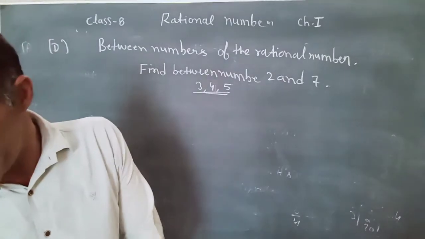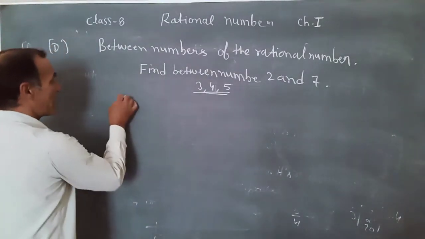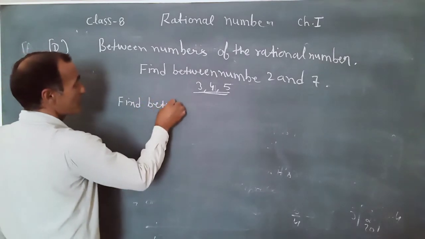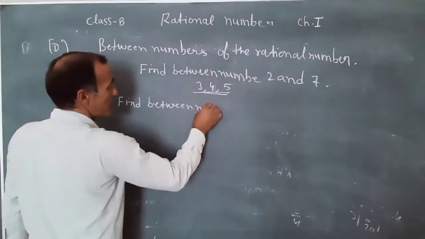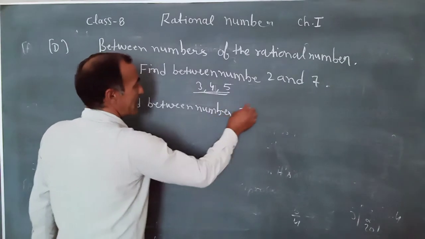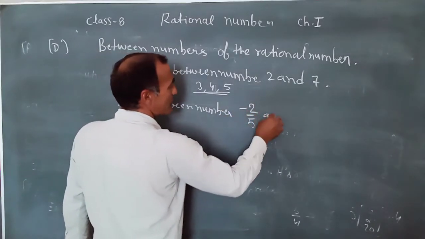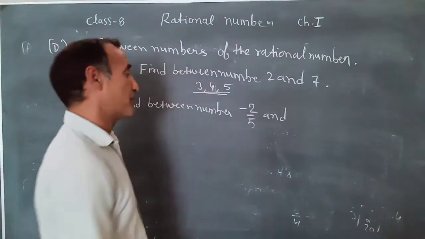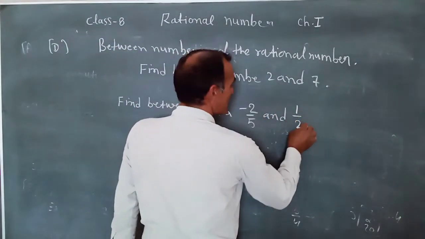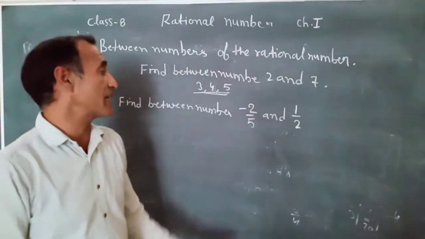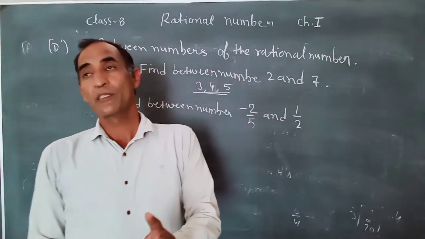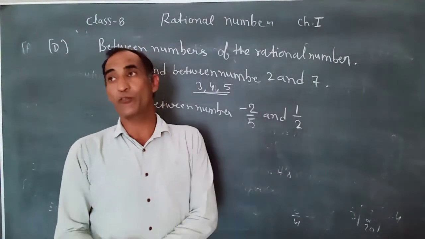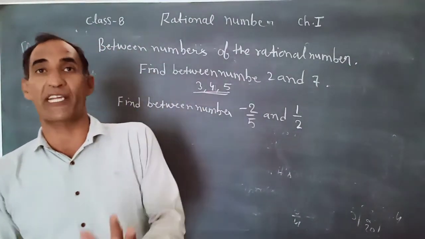One example: find the numbers between minus 2 upon 5 and 1 upon 2. At first we convert the denominators to the same digit. So we find the LCM of 5 and 2, which is 10.